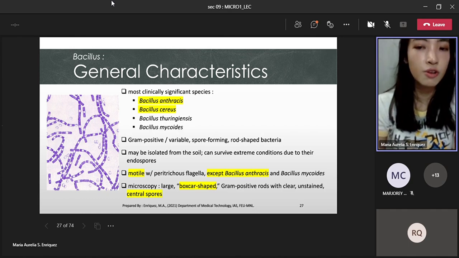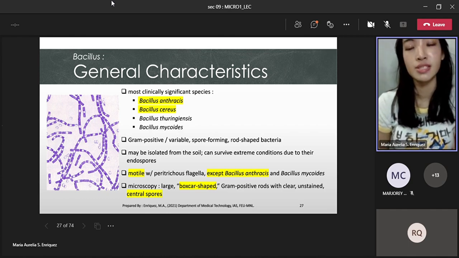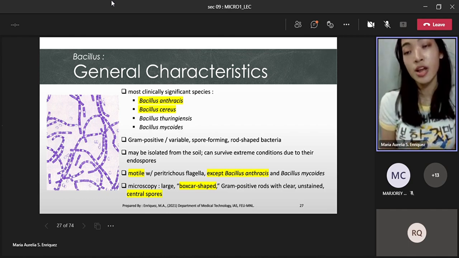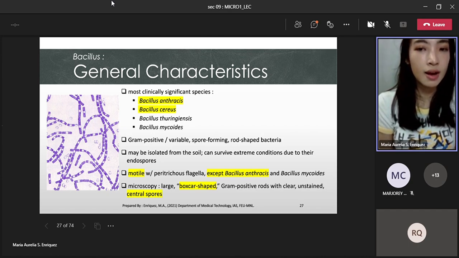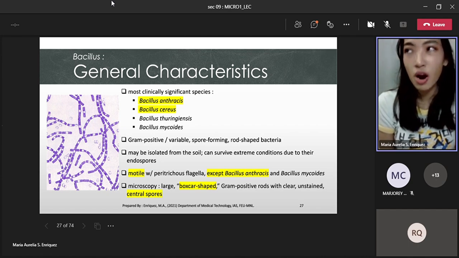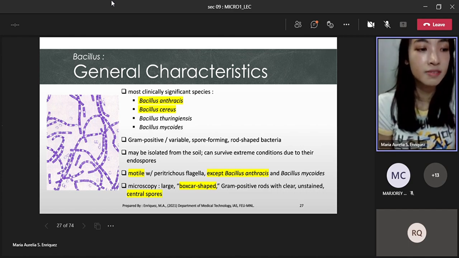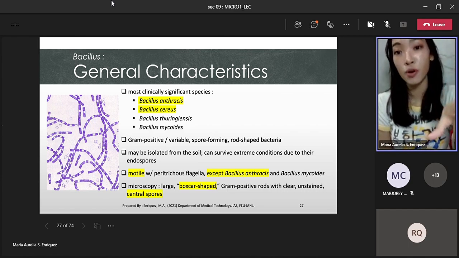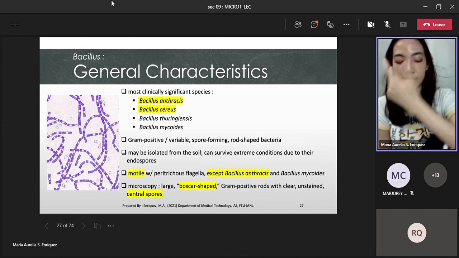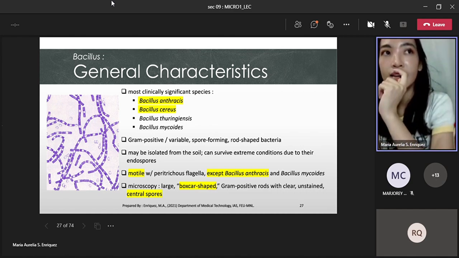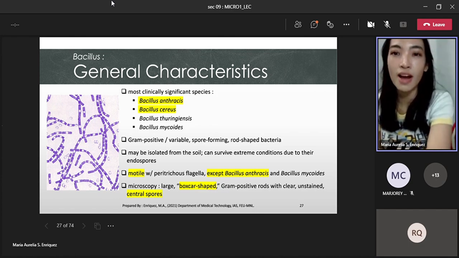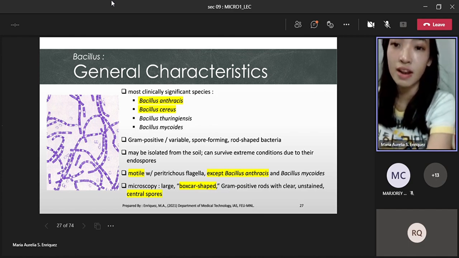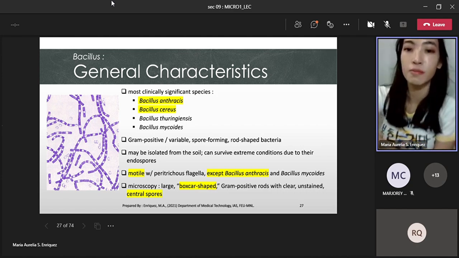The survival of Bacillus species in nature is aided by the formation of endospores, which are resistant to conditions that are too harsh for the vegetative cells. If the organism ends up in an unfavorable environment where growth conditions are not favorable, at least even if the vegetative cell dies, the endospores will survive.